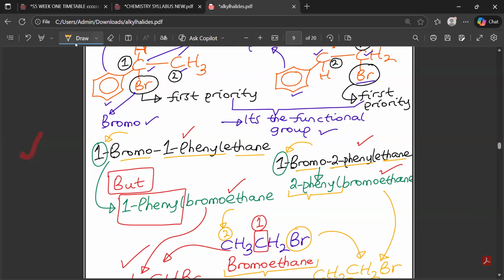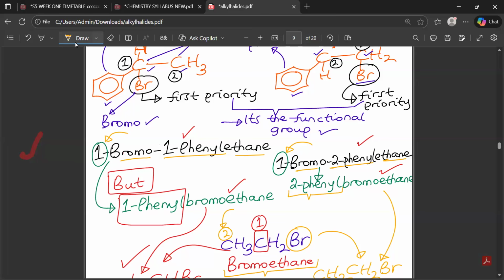Don't cram things. Do them, see 1 and 1 coming out, 1 and 2 coming out, then ask, can't I ignore? Also learn that they don't say bromo 2-phenyl in chemistry. You're supposed to say 2-phenyl bromoethane. If numbers are there, it is okay. But you cannot say iodo 3 chloro. It is the 3 chloro iodo.